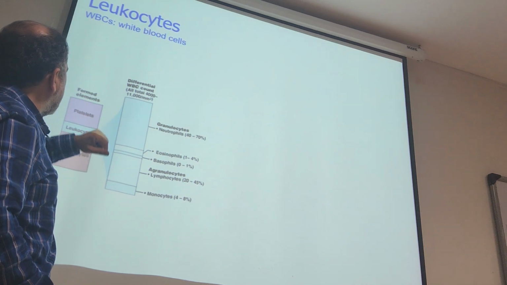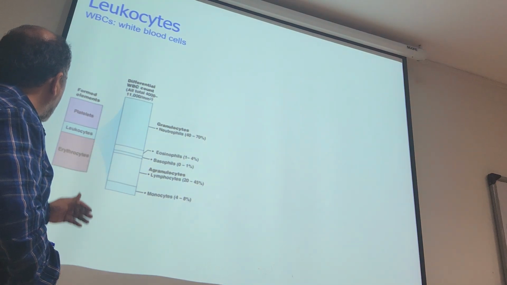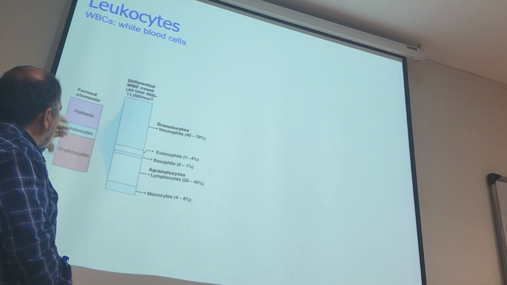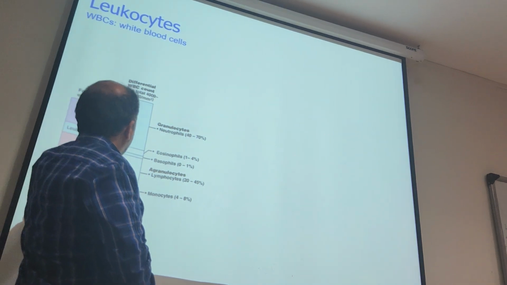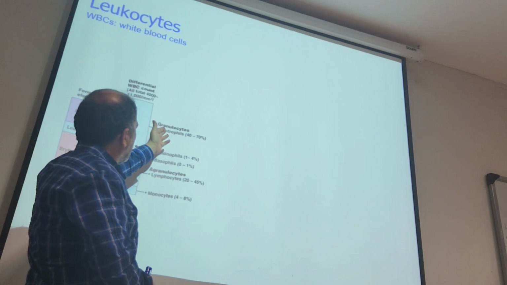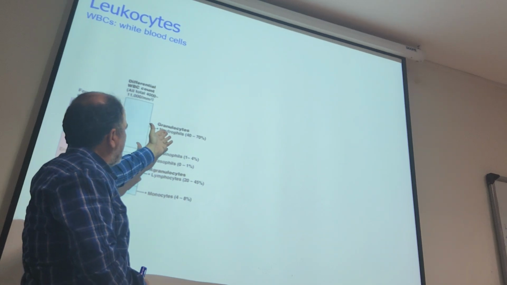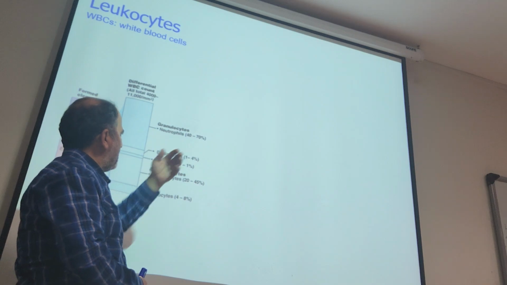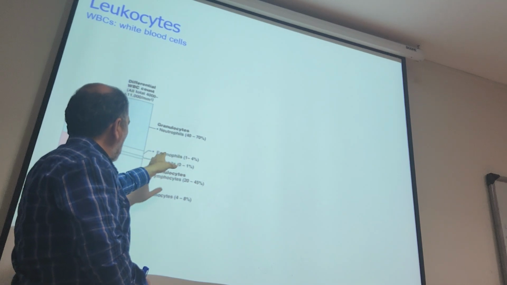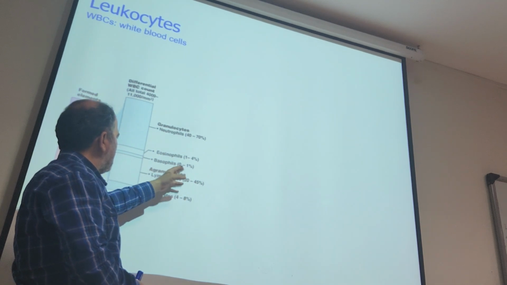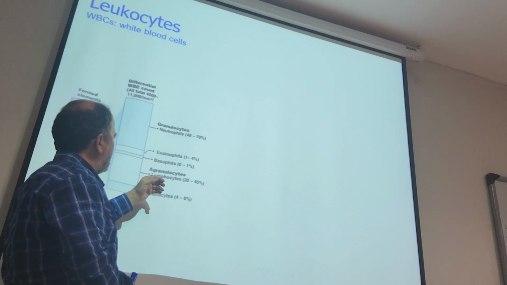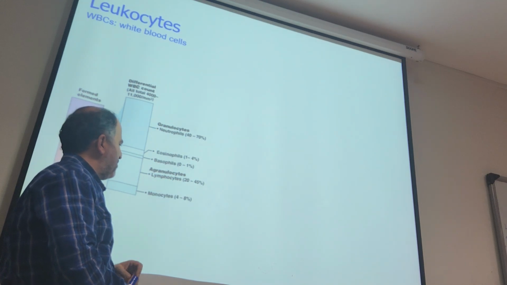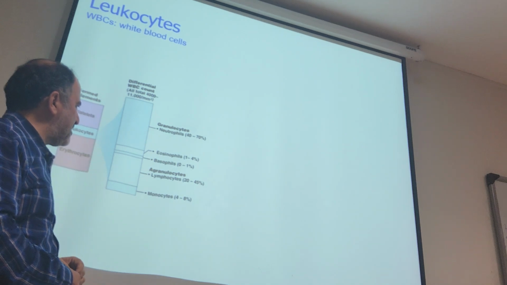Here is about leukocytes. Normally, we have plasma, leukocytes and erythrocytes, and also formation of the cells. The white blood cells, which are the buffy coat, include granulocytes, famously neutrophil, 40 to 70%, eosinophil 1 to 4%, basophil 0.1%, lymphocyte, an agranulocyte, 20 to 45%, and also monocyte.